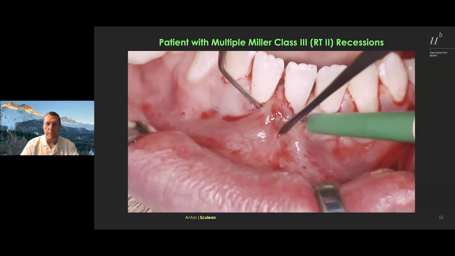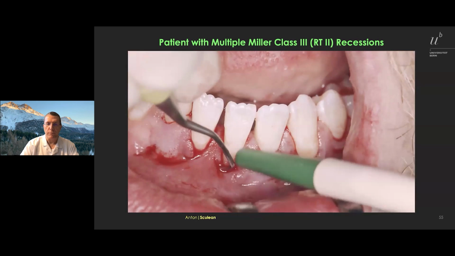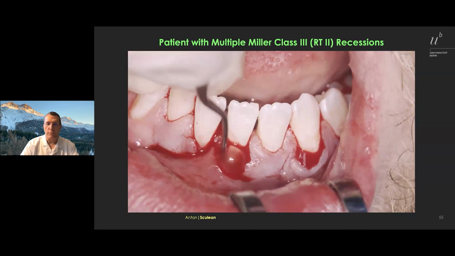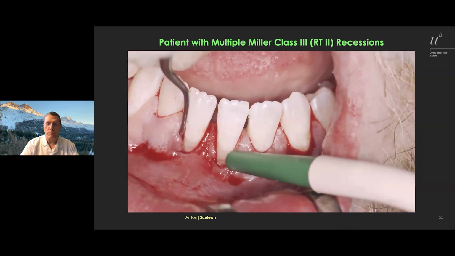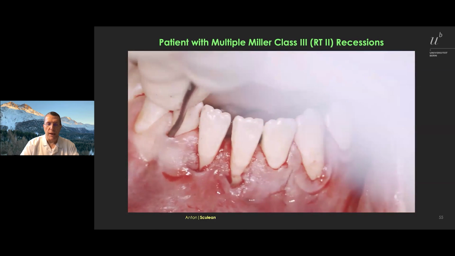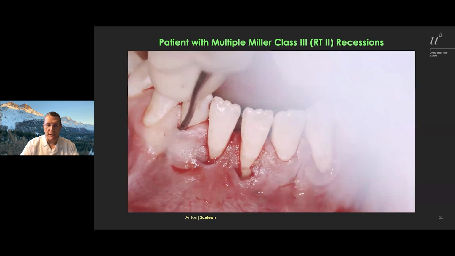I'm going under the papilla and over the crest. And also extended a little bit the tunnel.